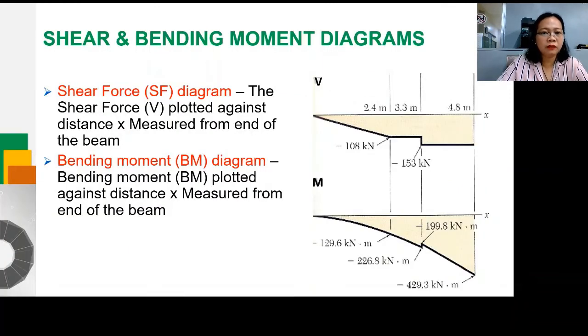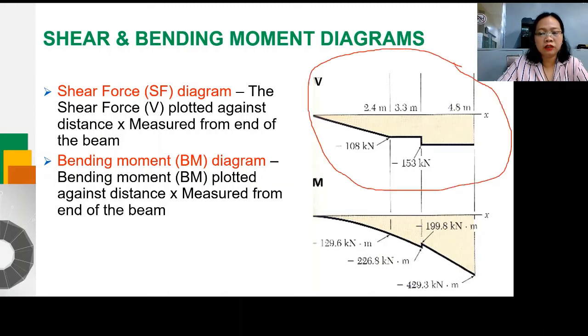So, shear and bending moment diagrams. Shear force diagram, or let's call it SF diagram. It is the shear force plotted against the distance measured from the end of the beam. So, this is a shear force diagram.